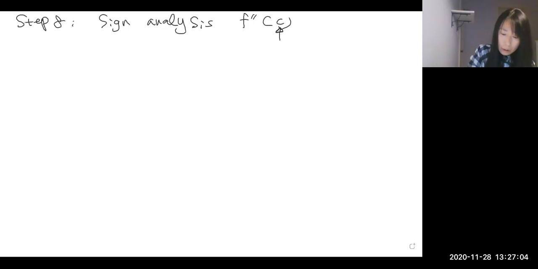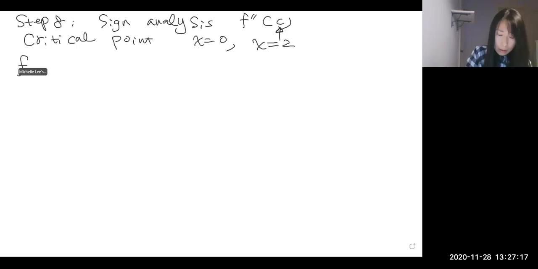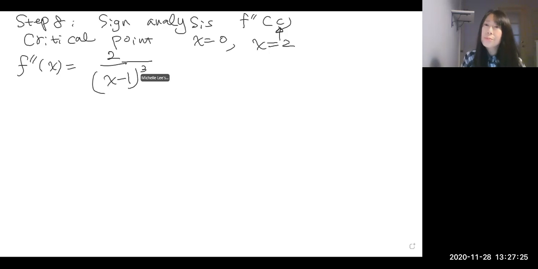Okay, so critical points: we have x equal to 0 and x equal to 2. F second prime of x, which is 2 over x minus 1 cubed.